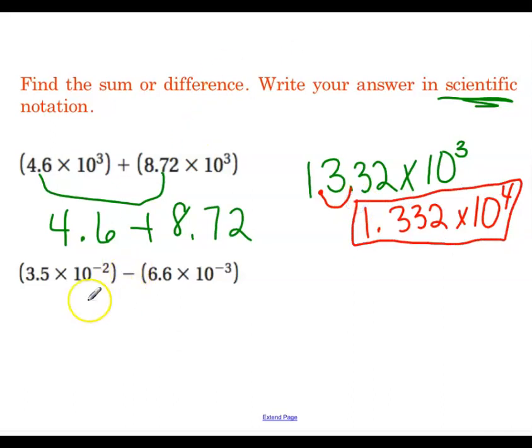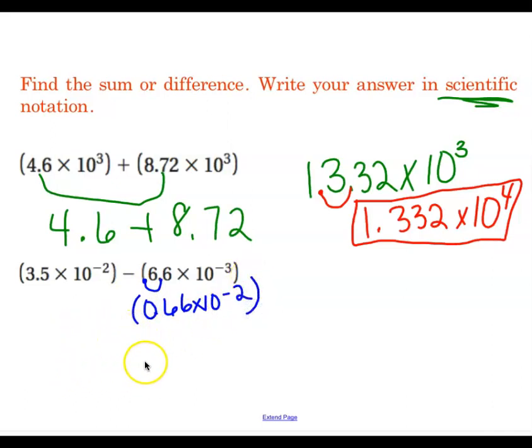If you look at the second example, we are subtracting, but first we have to make them the same power. So I am going to move my decimal one place to the left, and I'm going to increase this to make it 10 to the negative second. So this is going to be 66 hundredths times 10 to the negative second.